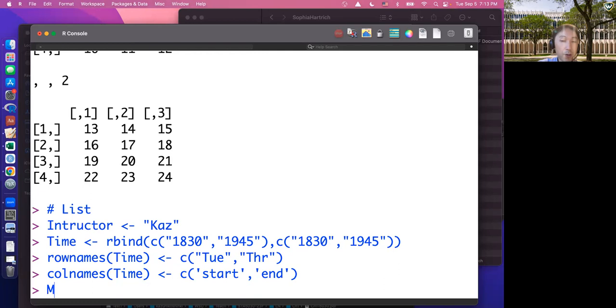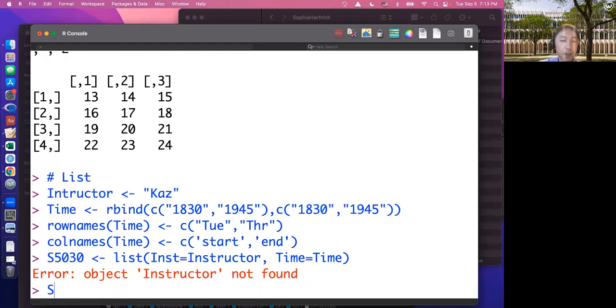And suppose we want to combine these two pieces of information as S5030. So we make a list of instructor and time. Maybe we name instructor as just INST and time as TIME. Sorry, the instructor does not exist.